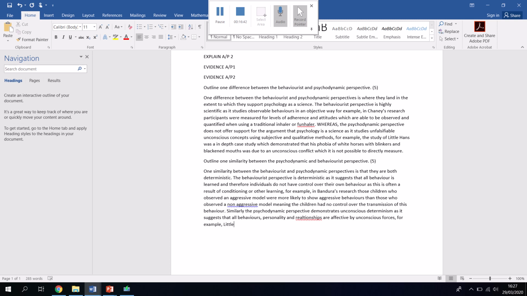For example, Little Hans's phobia of white horses with blinkers and blackened mouths suggests that he had an unconscious conflict which affected his behaviour, and that the development of this was not in his control.